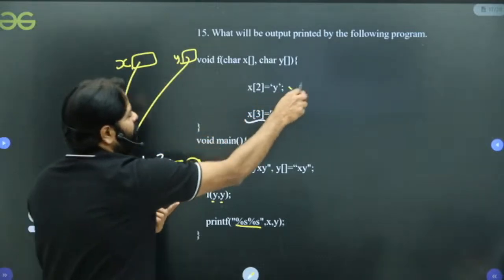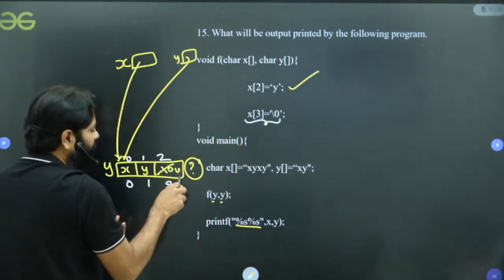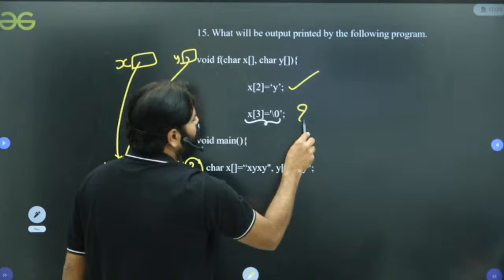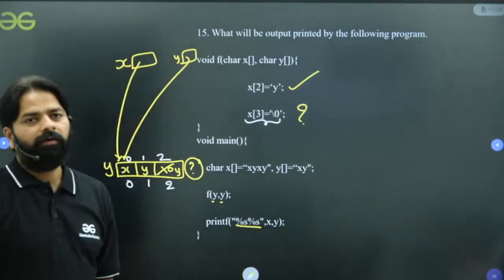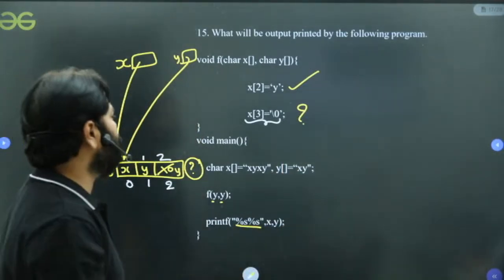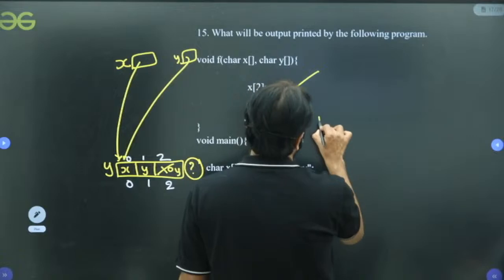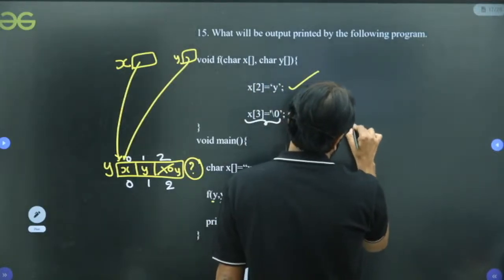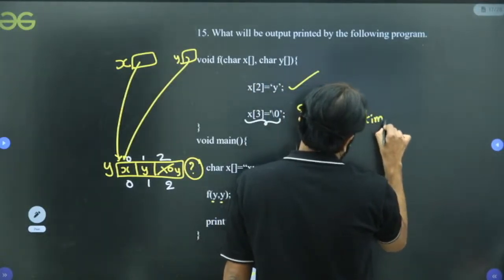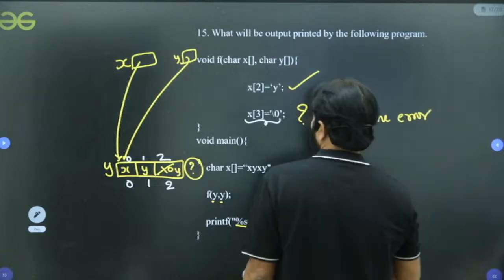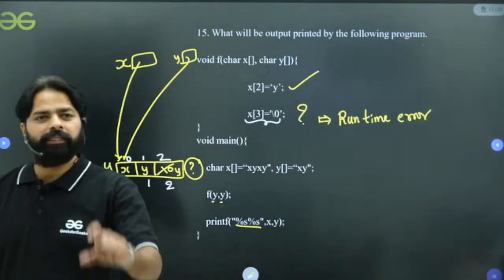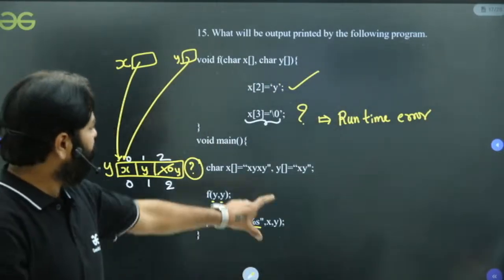The first one you can do it because it will modify to y, but this one, which error does it happen? Runtime error. Again, when you see the options, you will be having that runtime error option.